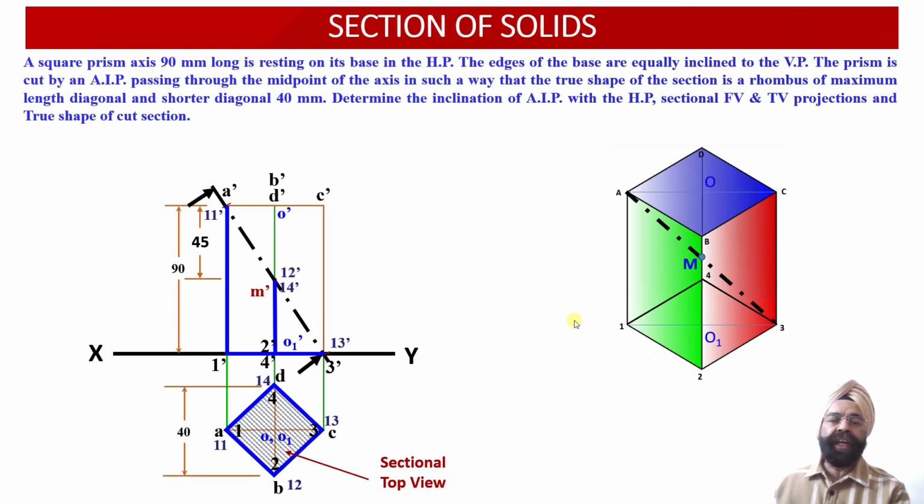So in order to obtain the true shape of the cut section, we have to draw an auxiliary inclined plane parallel to this cutting plane which has been shown over here.